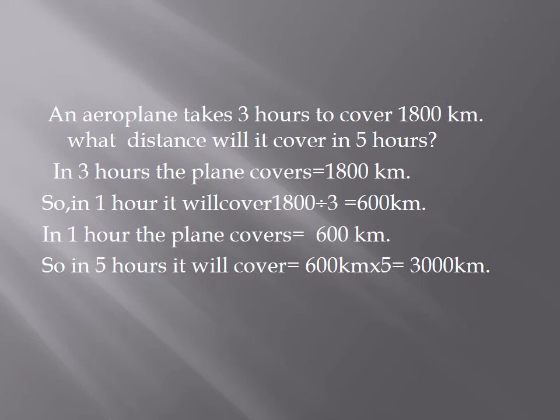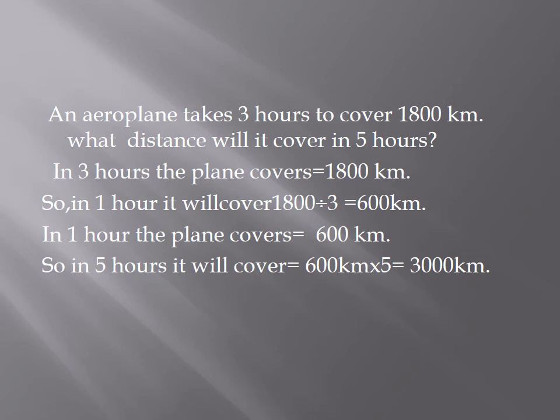Now, let us see one more example. An aeroplane takes 3 hours to cover 1800 kilometers. What distance will it cover in 5 hours? In 3 hours, the plane covers 1800 kilometers.